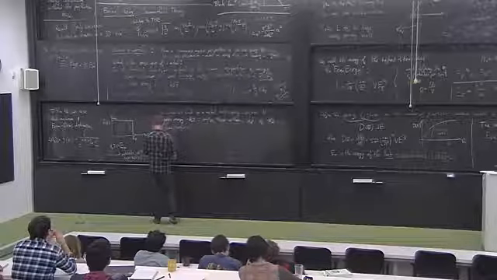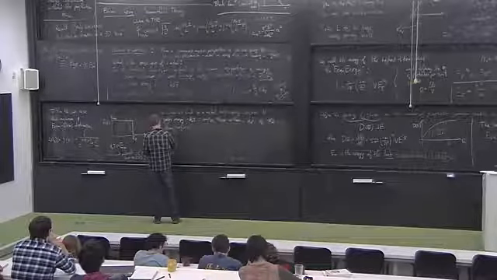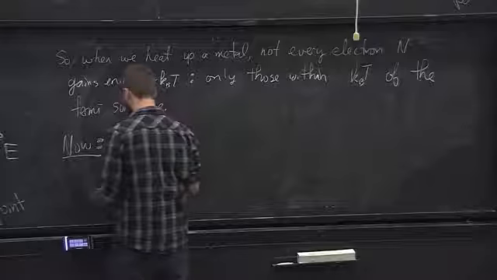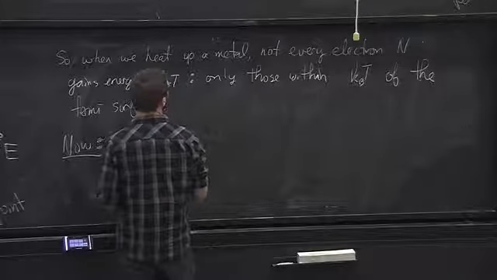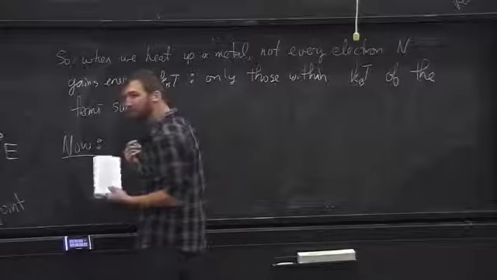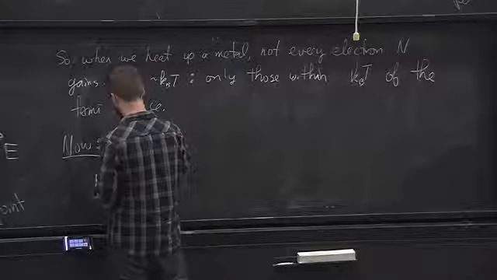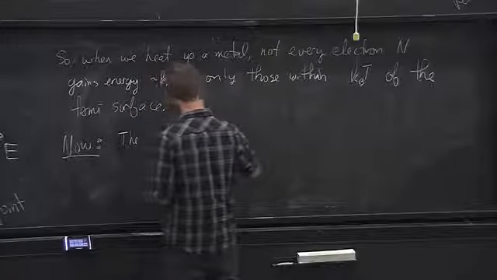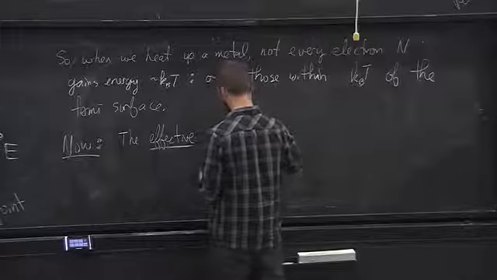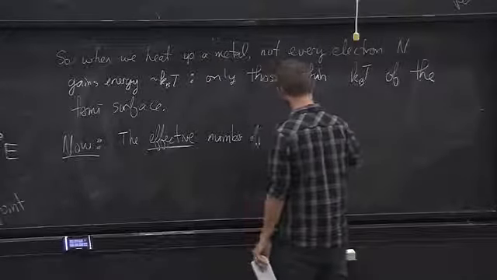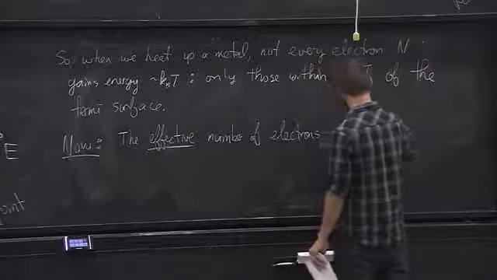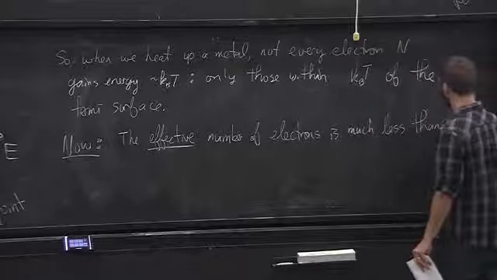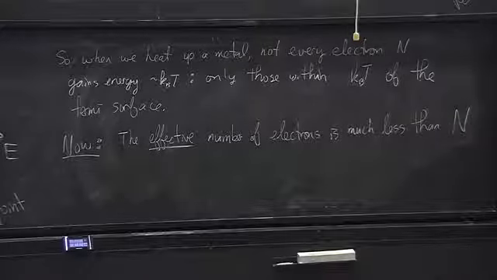So to modify our Dulong and Petit estimate, all we want to do is swap out N for N effective. So the effective number of electrons is much less than N.